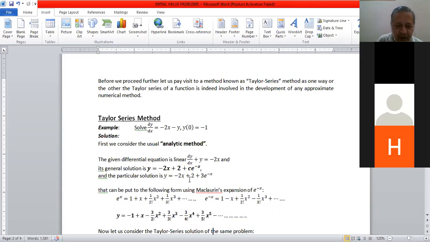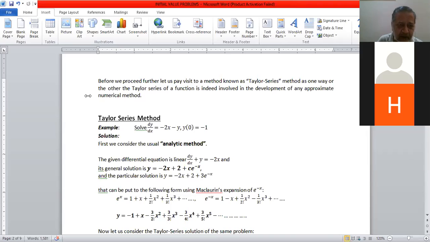Now, this is not Taylor series method, but this is a differential equation solved using analytical method using the initial condition. We just demonstrated that here also we can put the Taylor series expansion of e power minus x, because of which we will get a Taylor series solution of this given initial value problem.